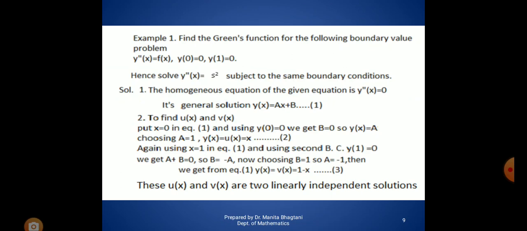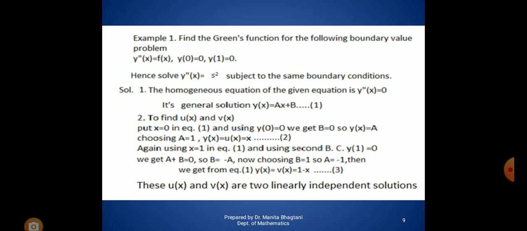Now we see an example. Example 1. Find the Green's function for the following boundary value problem. y''(x) equals f(x), where the boundary conditions are y(0) equals 0, y(1) equals 0. Hence, solve y''(x) equals s² subject to the same boundary conditions.